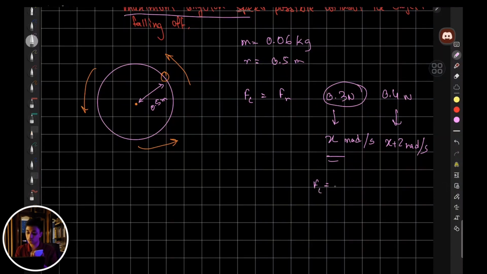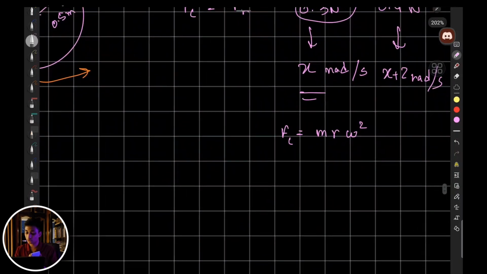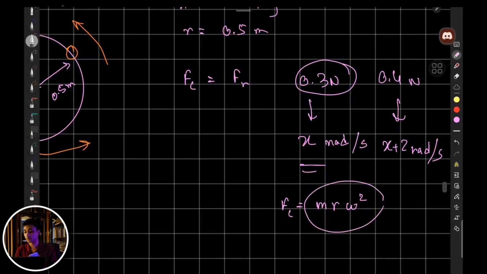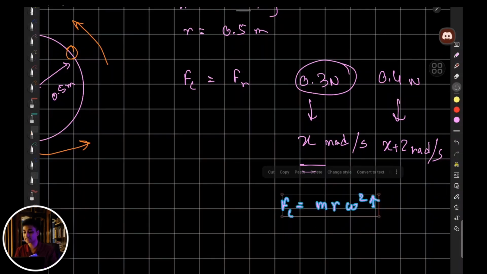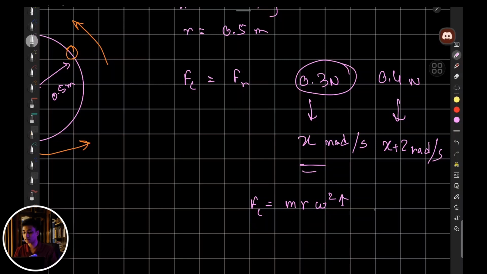if F is equal to Fc equal to mv square by r, or let's make it easier, m r omega square. So for this, if the angular speed increases and friction stays the same, then friction will be less than centripetal force.